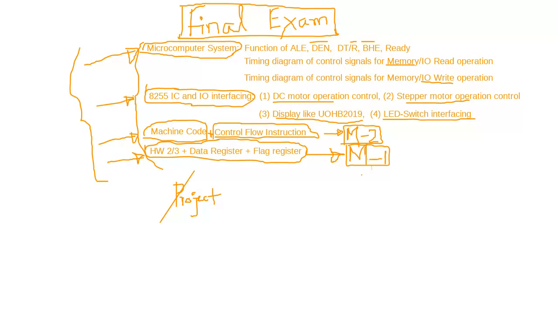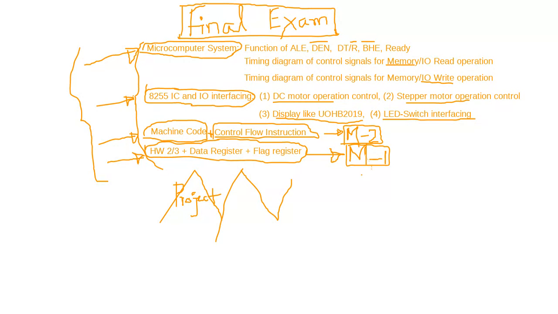Experiment number 8, I think: DC motor control by switch, with the analog to digital converter. Maybe after the lab exam tomorrow, if you have any question, I will discuss with you.